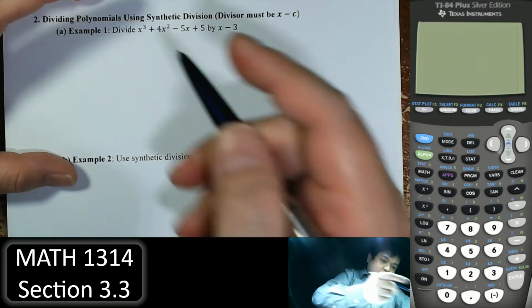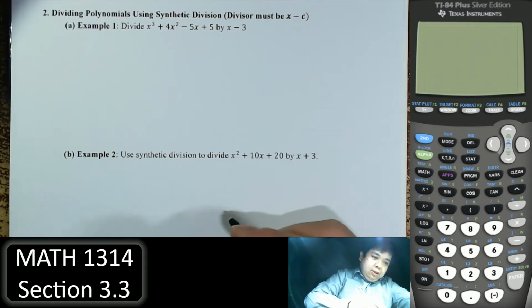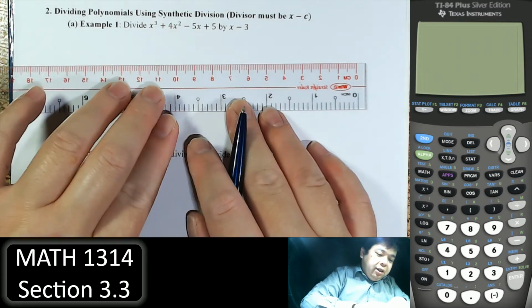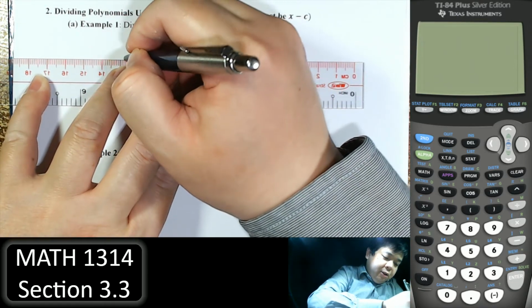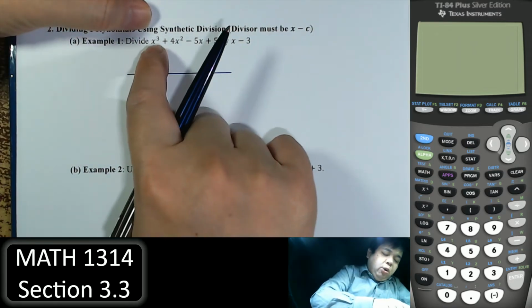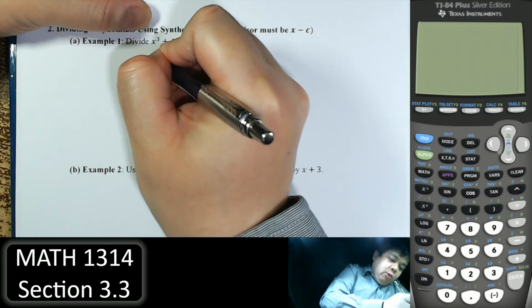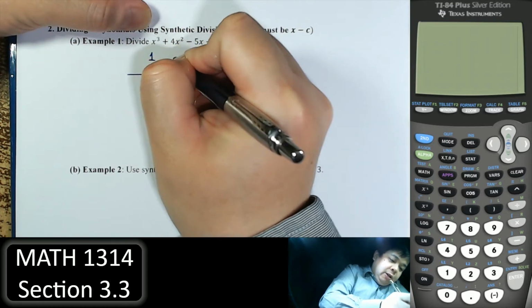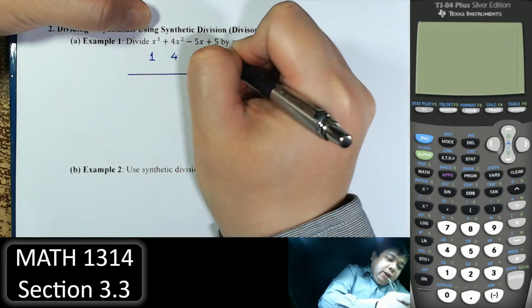So what we do is we draw a line. So it is synthetic division. The coefficients here, that's what we start with: 1, 4, negative 5, and 5.